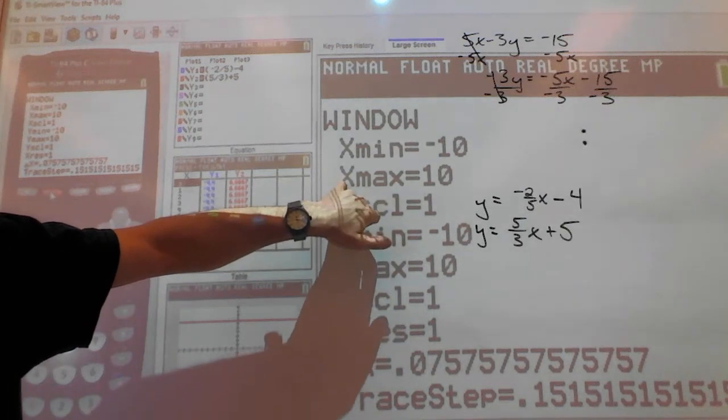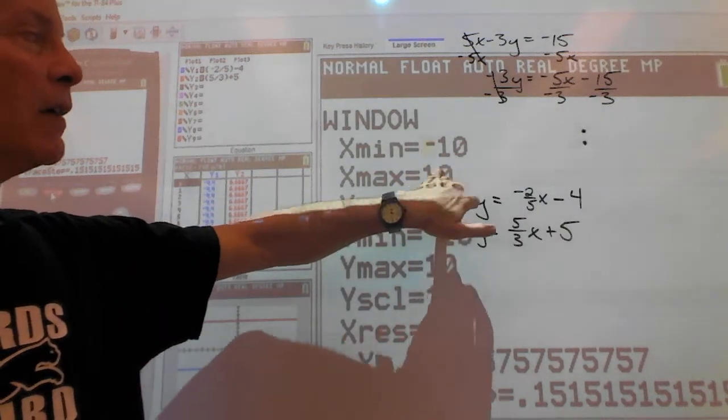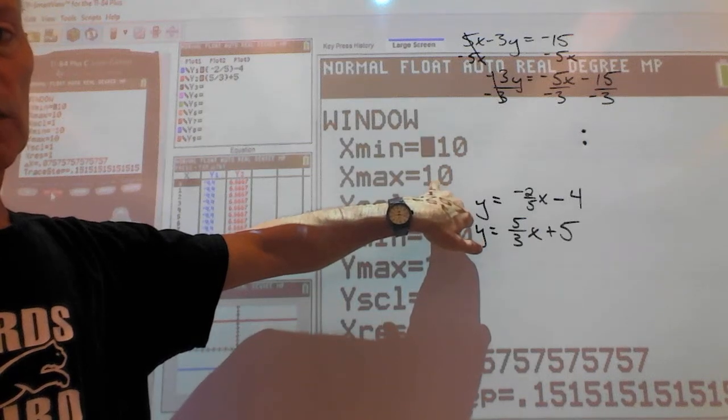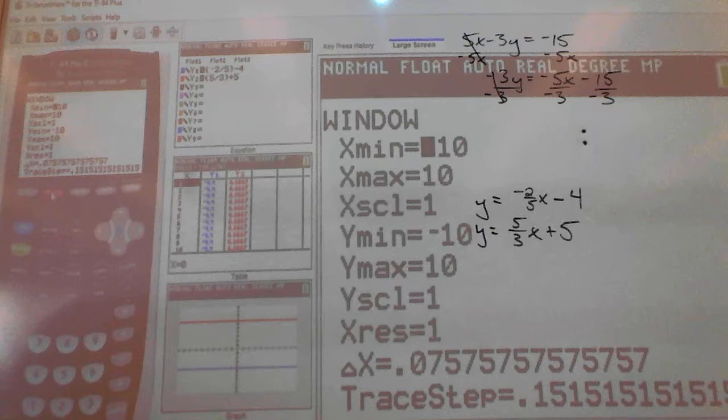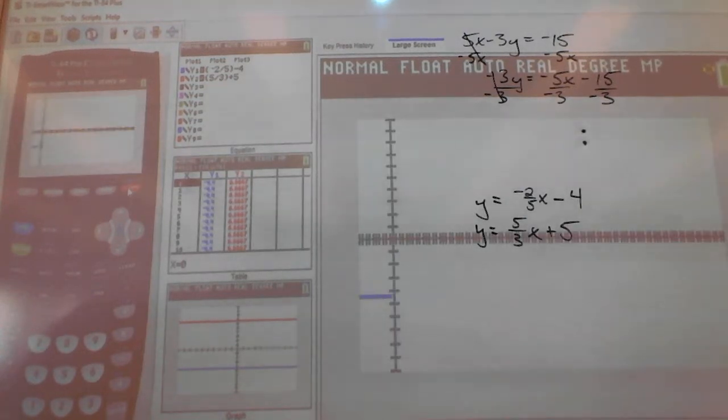So right now it's telling you the biggest number that they'll show is 10 on the x-axis. Well, let's change that. Let's cursor down to where it says x max, and let's change that from 10 to 100. And then press graph again and see how that changes things.